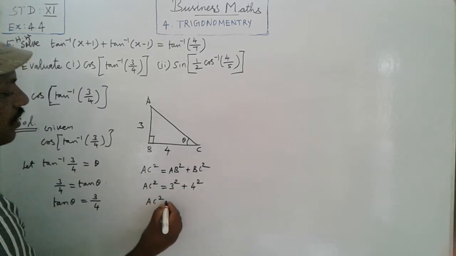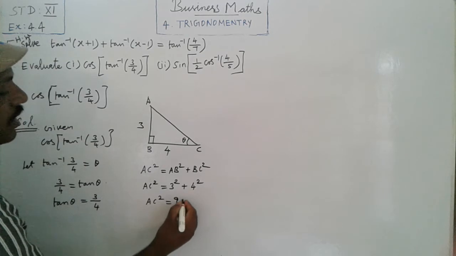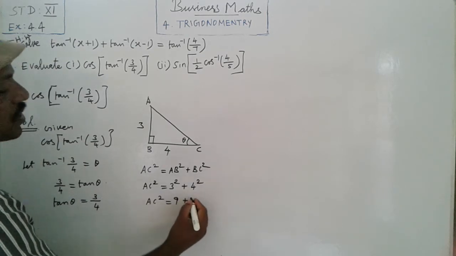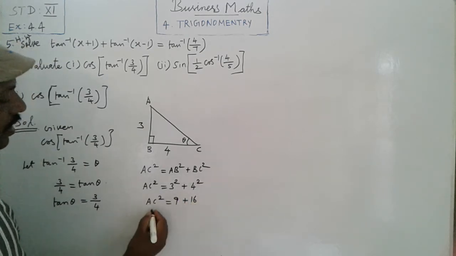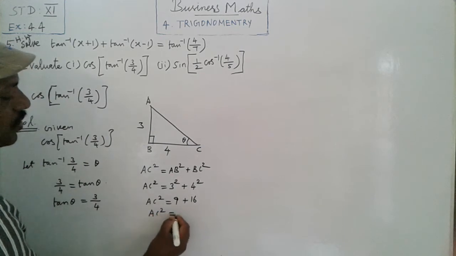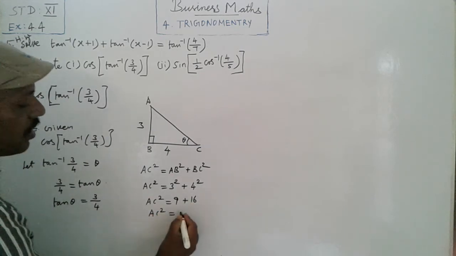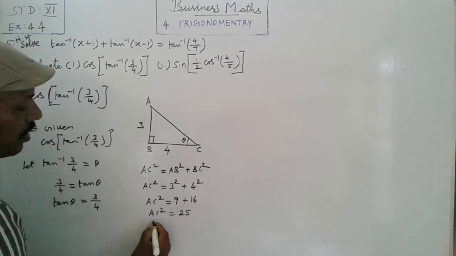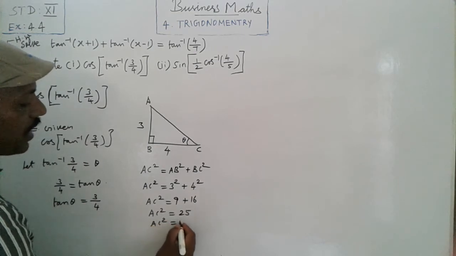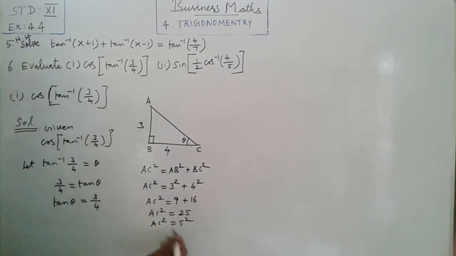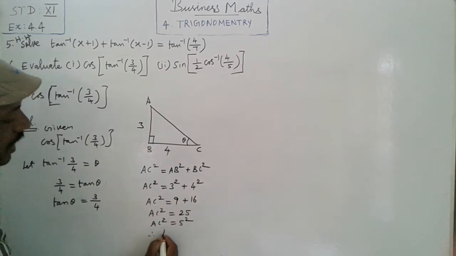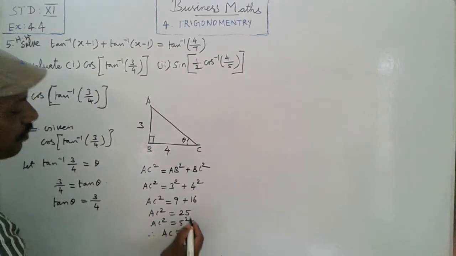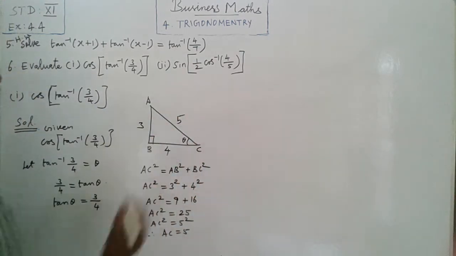AC square equal to 3 square is 9 plus 4 square is 16. AC square equal to 9 plus 16 is 25. AC square equal to 5 square, since 25 is 5 square. Therefore AC equal to 5. So this side is 5.